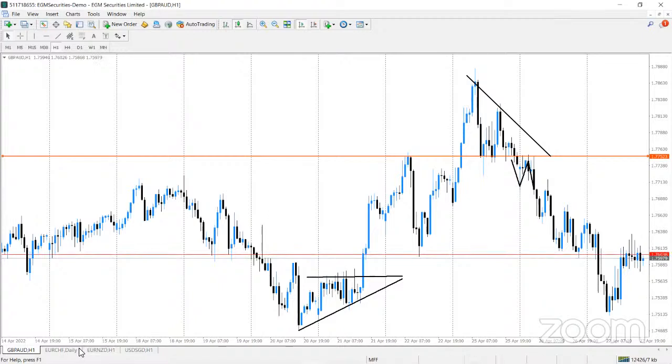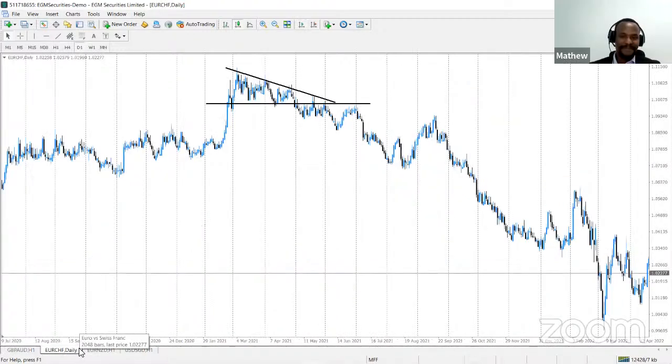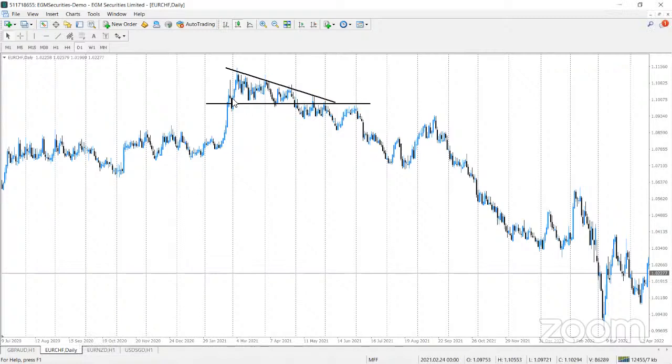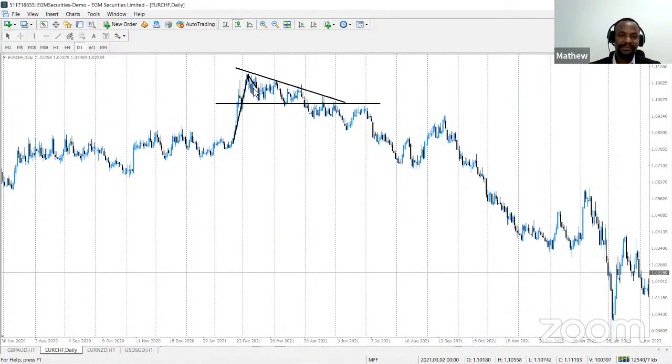So we go to another example. This one was also a very interesting one. You needed to have patience in spotting this one, even when it was forming. We had a really strong push to the upside, and then sellers started coming in slowly, with the market going lower.